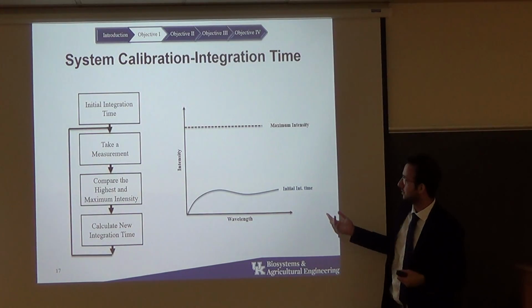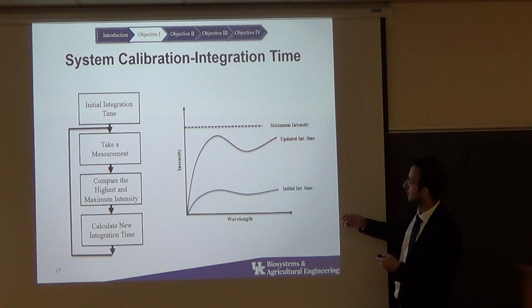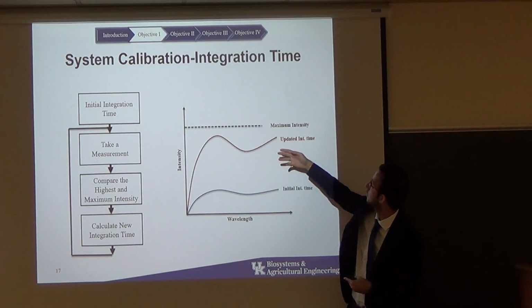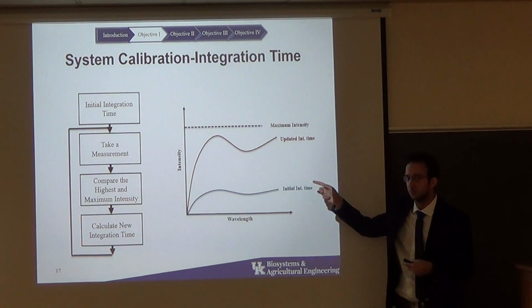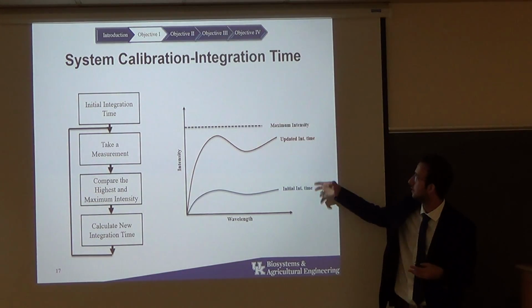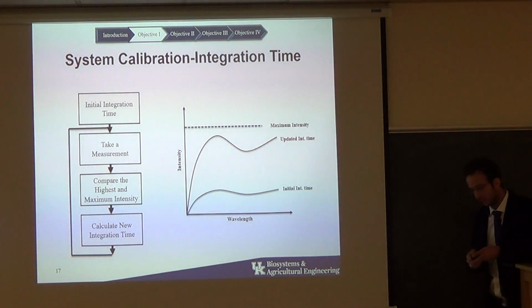So we initialize the integration time, and after taking measurements, we check the difference, and we update the integration time to be closer to this maximum intensity. When it is cloudy, we automatically update the integration time. It's like a closed loop control system, so we update it frequently.